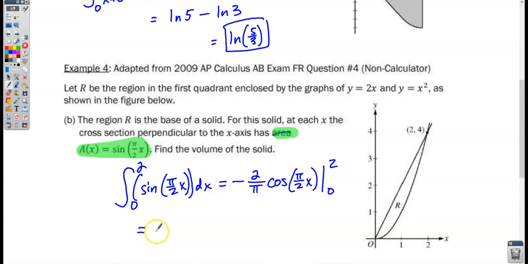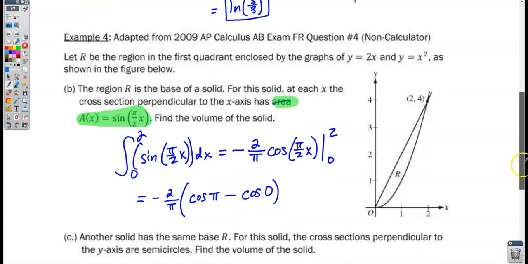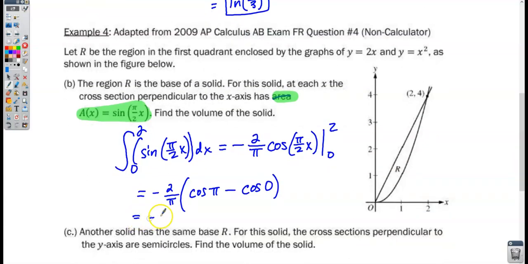And then I can just substitute. That gives me cosine of pi minus cosine of 0. And so this is negative 2 over pi times negative 1 minus 1. And when we simplify all that out, it ends up being 4 over pi.